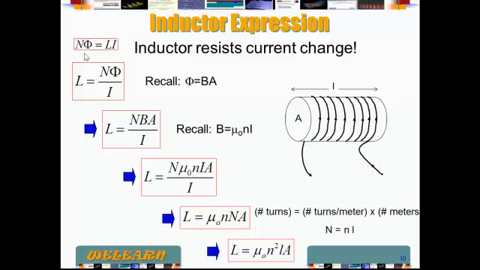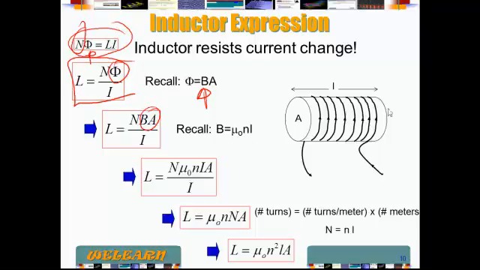But anyway, if my coil has N loops, and if phi is the flux through one loop, remember this expression that we wrote: N times phi is equal to L, the inductance, times I, which makes L, just isolating L, N phi over I, and then plugging in B times the area for the flux, so it becomes NBA over I.